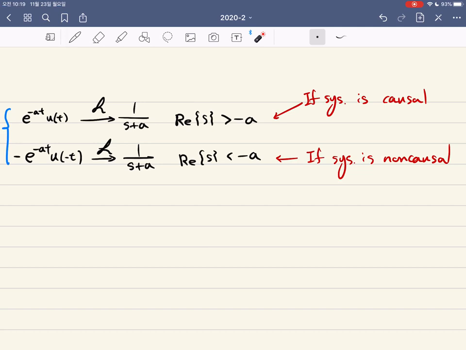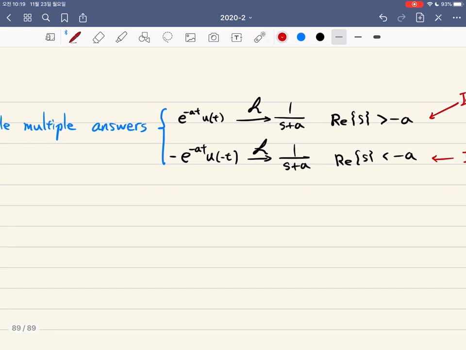What I'm trying to say is that your final answer depends on additional information, such as stability, causality, those things, okay?